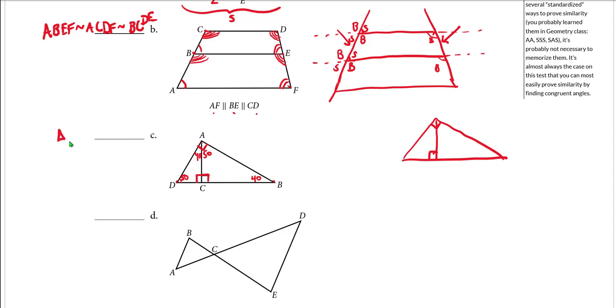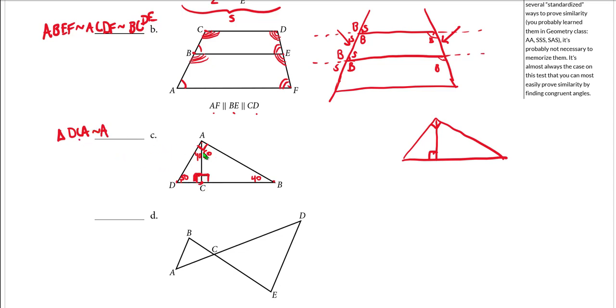I have triangle, let's do DCA. That's the small triangle here on the left with a 40, 50, and a 90. That DCA is going to be similar to, remember, D is the 50-degree angle. Let's do this medium triangle over here. So that's going to be triangle A, that's the 50-degree angle. C was the 90-degree angle in the small triangle.